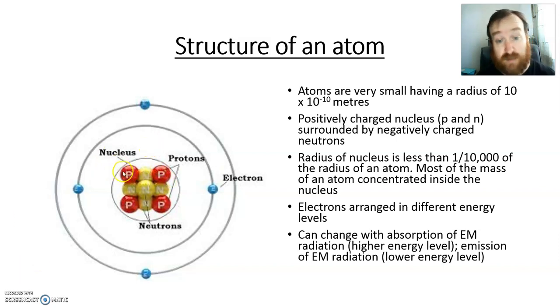You need to know the mass of protons and neutrons and the mass of electrons. You need to know how we found this out in terms of the absorption of electrons going to higher energy levels. We'll do that as a fun physics practical in September when we look at flame tests as a catch-up. But you need to know all about that structure of the atom, what it looks like, and how we know what it looks like.